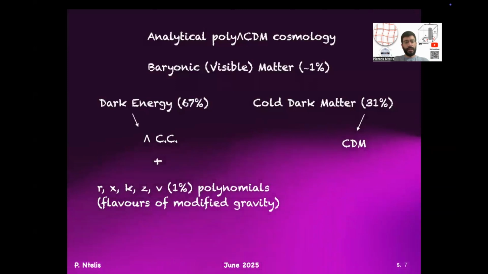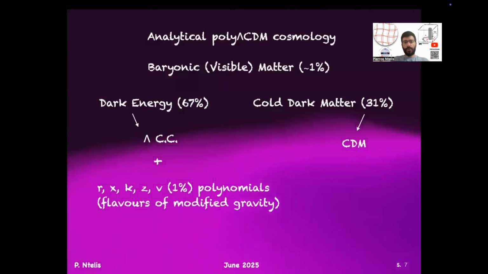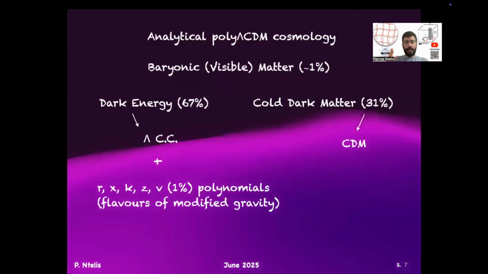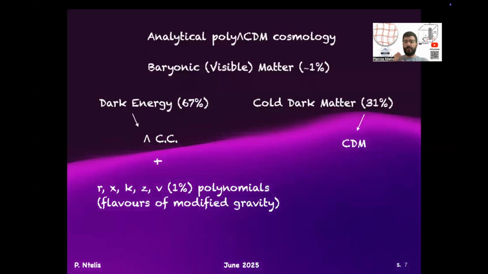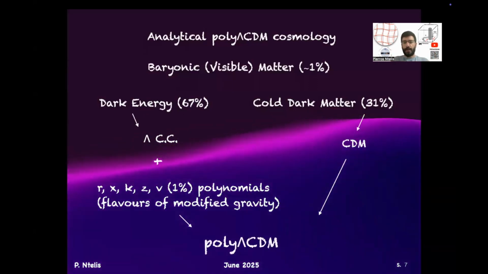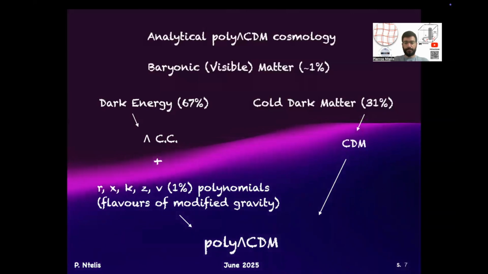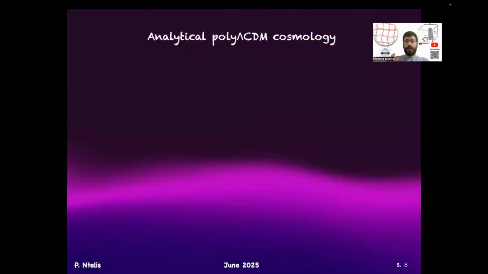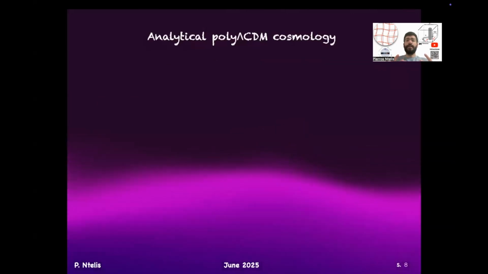And we can call them with different mathematical letters, which are basically poly letters. Poly in Greek means a lot, much. And since we add a lot of flavors of this modified gravity model, we call this model polylambda CDM, and hence the name.